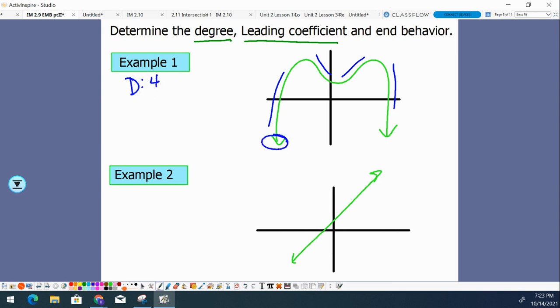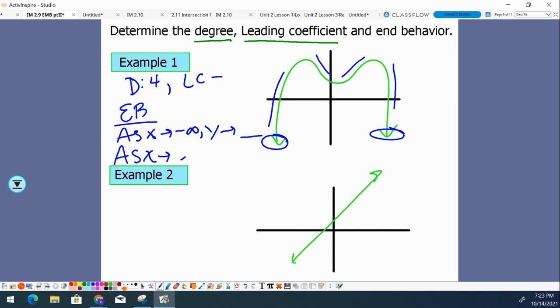And since both sides are going down, it's a negative leading coefficient. So for end behavior, this is the new part, the harder part. We say as x approaches negative infinity, y approaches what? As x approaches positive infinity, y approaches what?